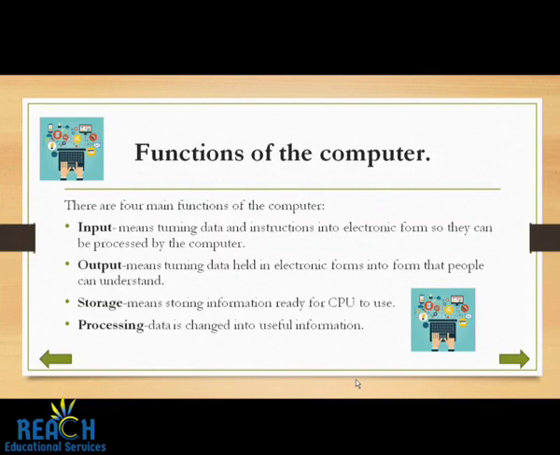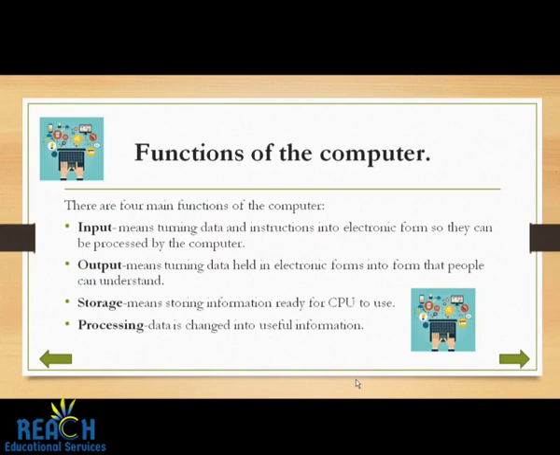So whatever we see on a piece of paper, whatever we see on the screen, whatever we hear through the speakers, those are outputted, those are information, those are data that was processed.